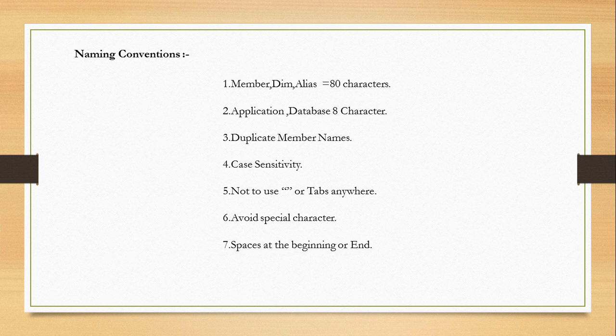The second is that application and database names are limited to 8 characters. So a maximum of 8 characters can be provided in the application and database names. And the third is duplicate member names. It is recommended not to use duplicate member names, because they may require specifying the nodes with the member names when used in calculation scripts or business rules.